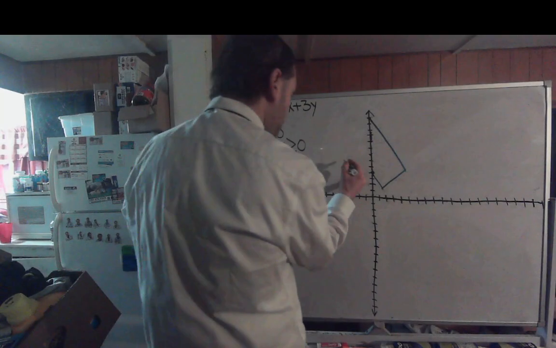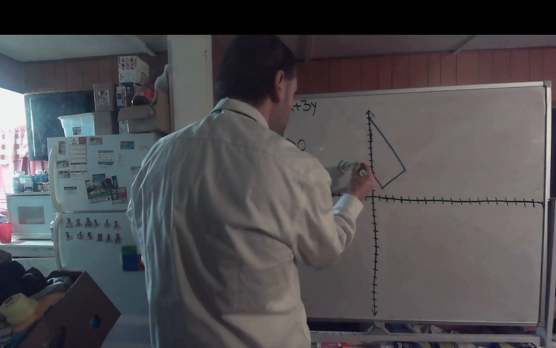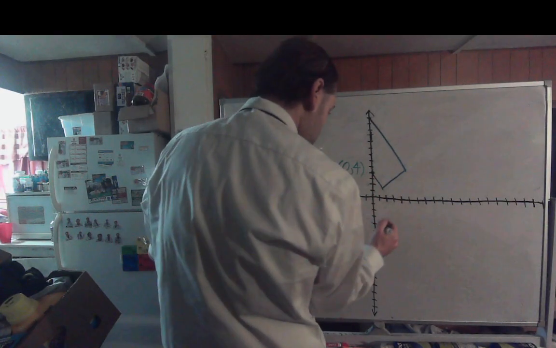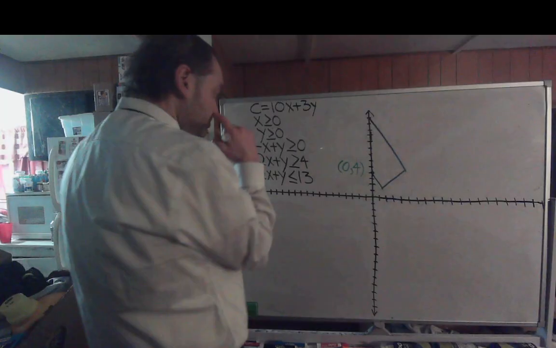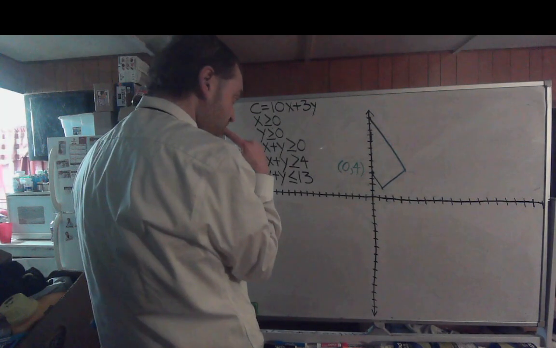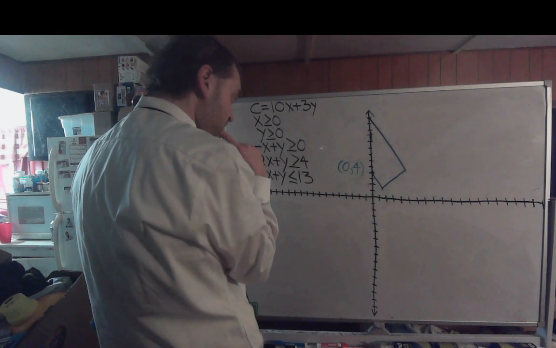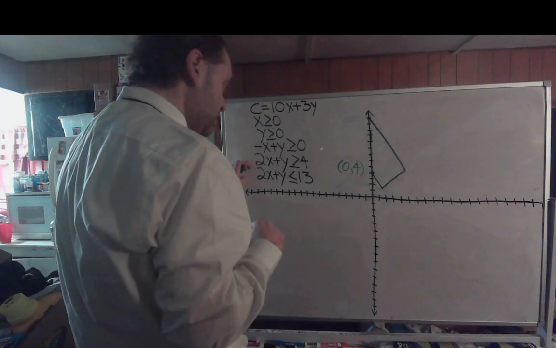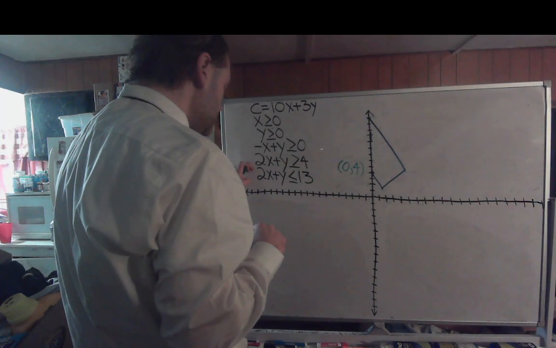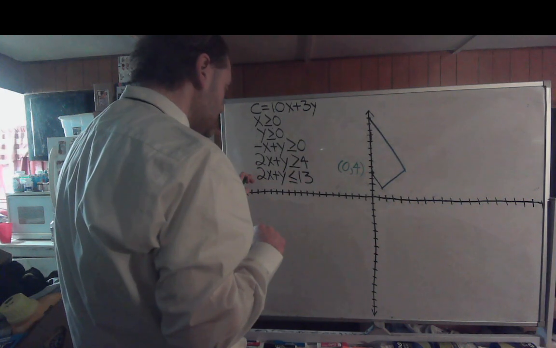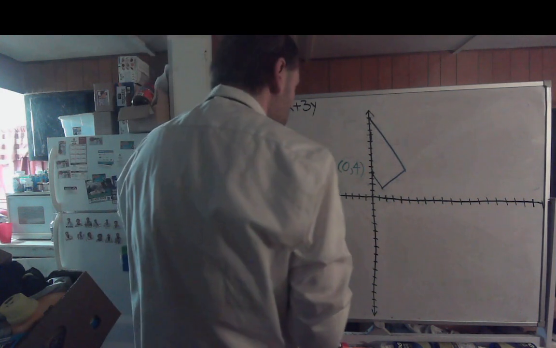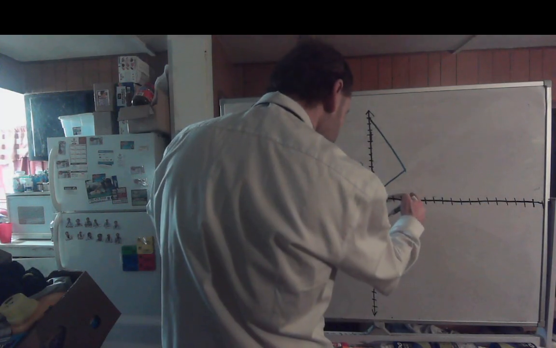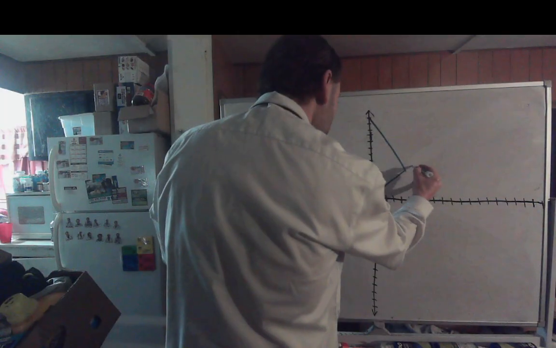Let's go ahead and graph the vertices. You have, of course, 0, 4. Let's see, man, what part was that? Well, this for sure is going to be 5, 5.